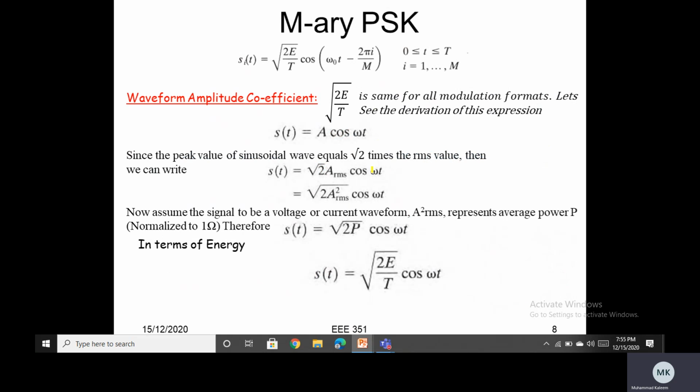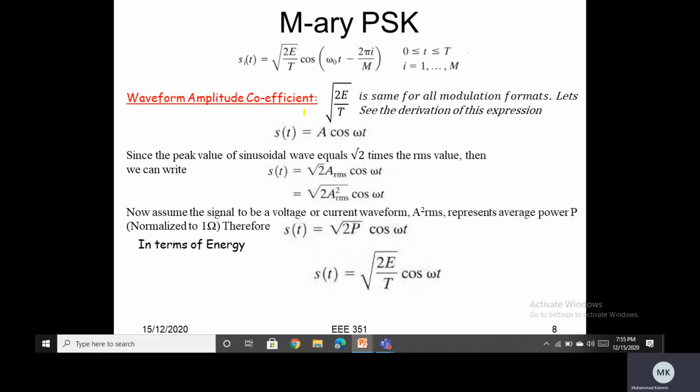Now we know the general equation of MPSK: s_i(t) is square root of 2Es over T cos(omega naught t minus theta_i), where theta_i is our phase, and it exists between 0 and capital T. Now, if one wonders where this square root of 2E over T comes from, let's see the derivation.